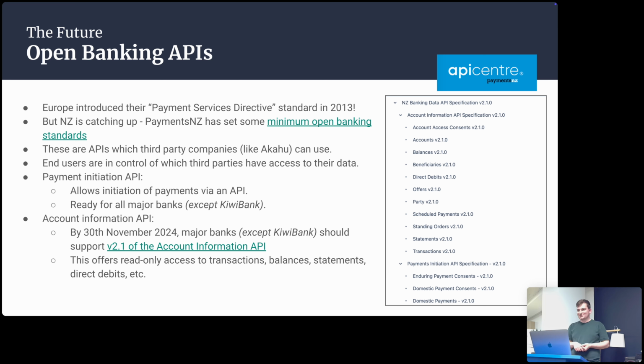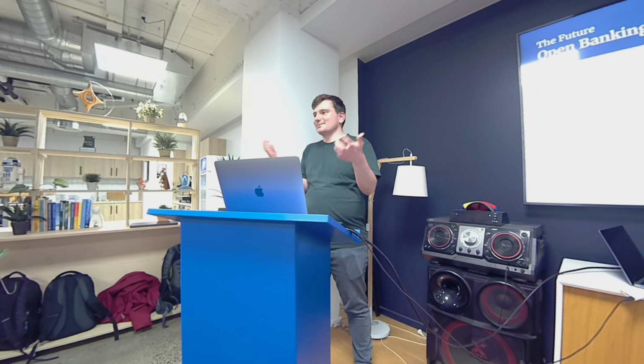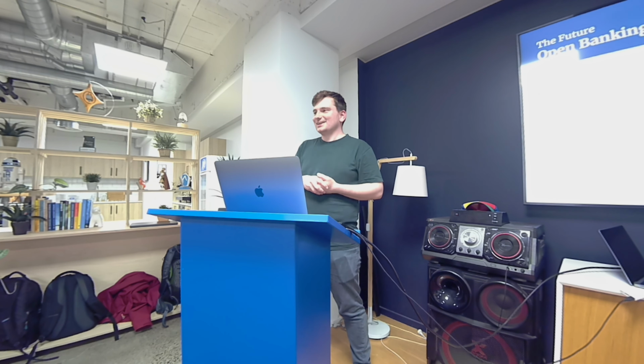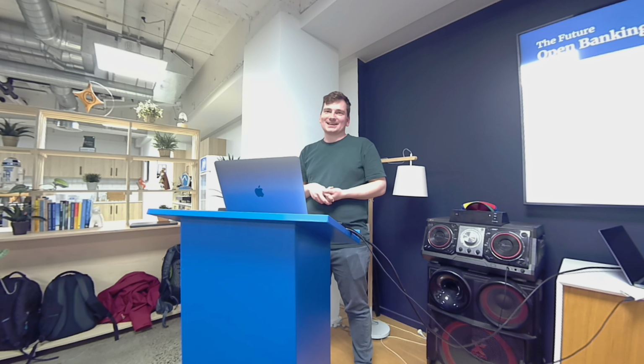I think I did see them listed on the Payments NZ API Center website as a registered third party that would want to consume these APIs. But I just feel like they've been able to negotiate with banks directly a bit, because you don't want to be the one bank that can't link to Xero. But for the rest of us, everyday people, we're not important enough to get banks to build these integrations.